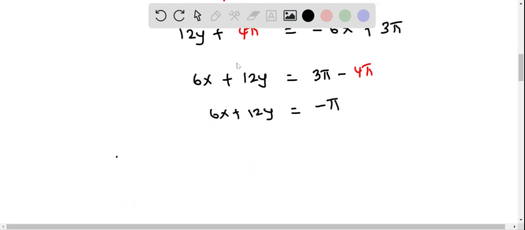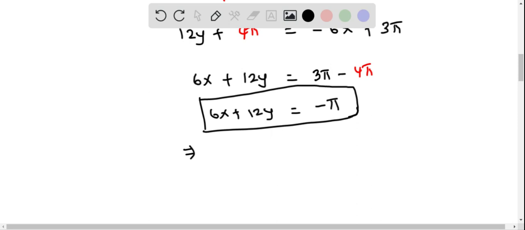So this can be written in terms of y as well. We can say that this is also the equation of the tangent line. In fact, we can consider this as the equation of a tangent line.